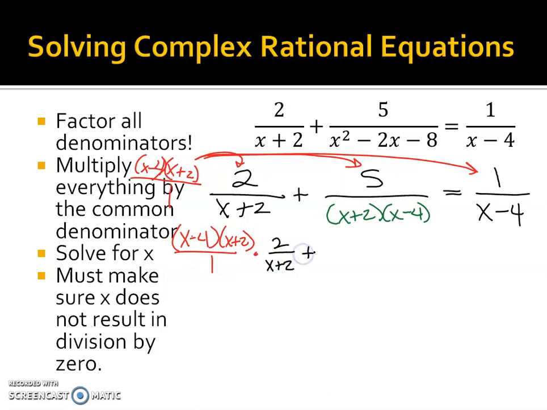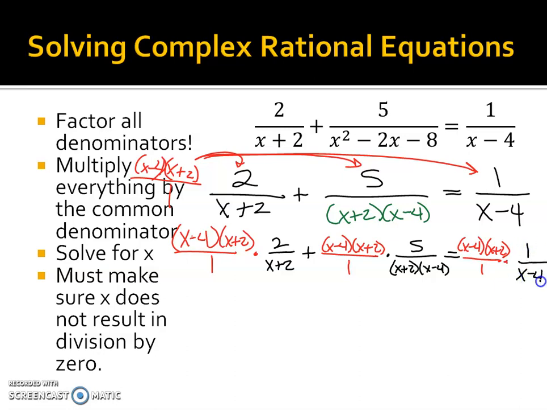Okay, plus, I've got another one, x minus 4 times x plus 2 over 1 times 5 over x plus 2 times x minus 4 equals, and again I've got x minus 4 times x plus 2 over 1 times 1 over x minus 4.